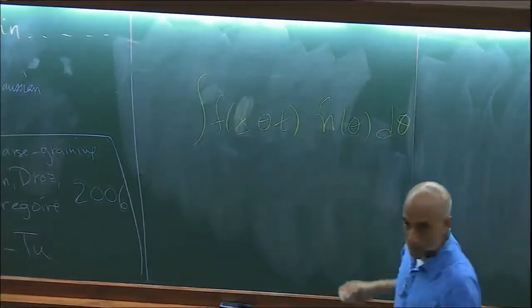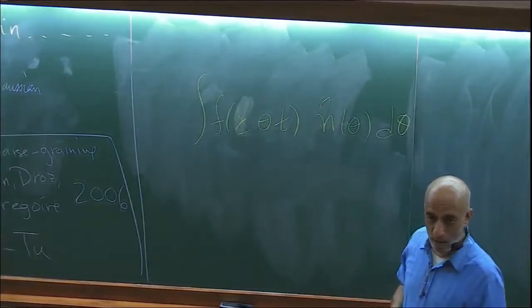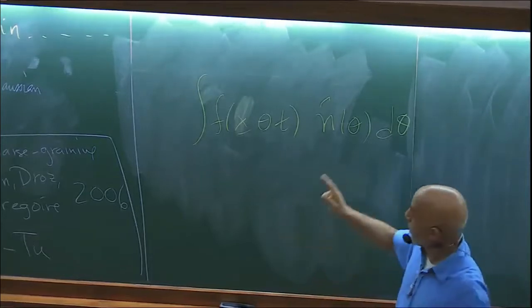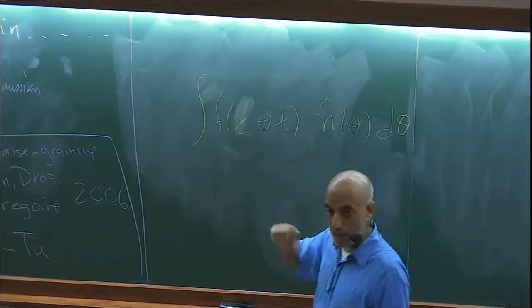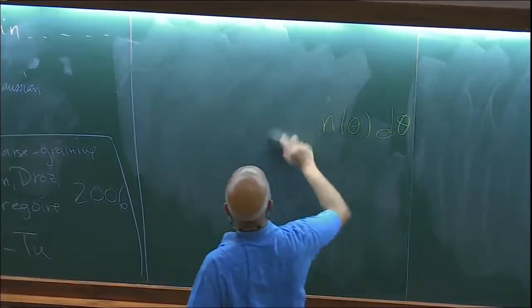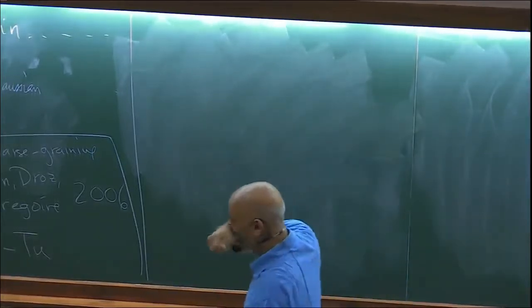I'll never get anything but 0 for this, because n and minus n are the same thing. So you don't have a velocity field. You only have a very weird kind of diffusion, and that's what we're going to try to understand.